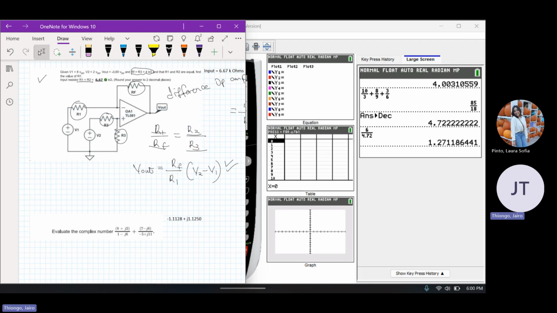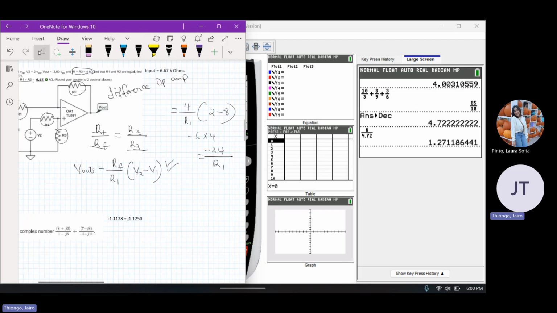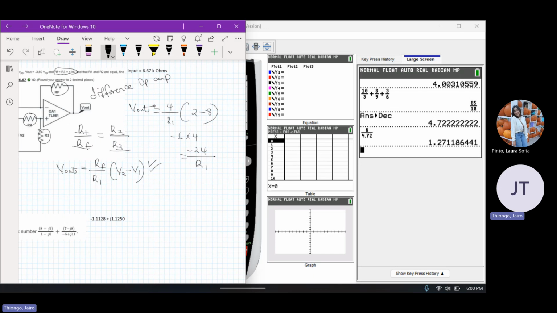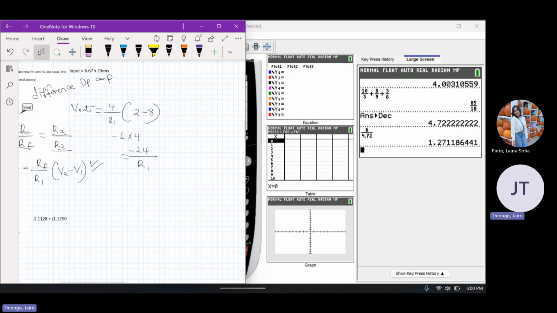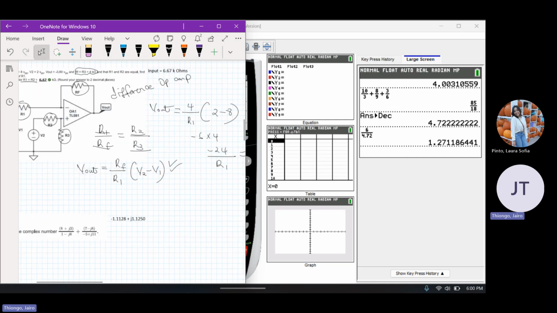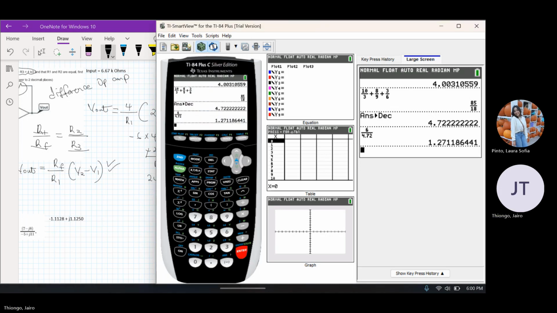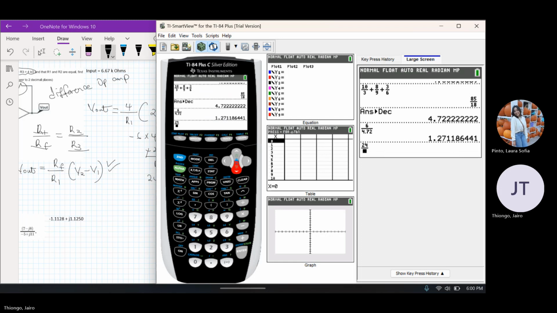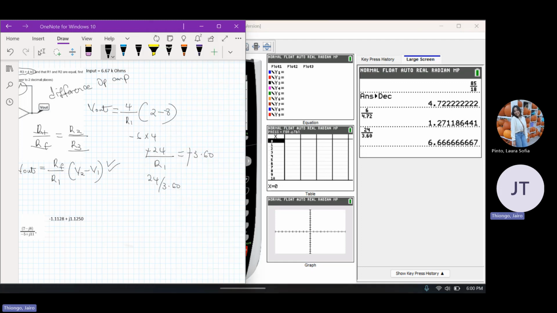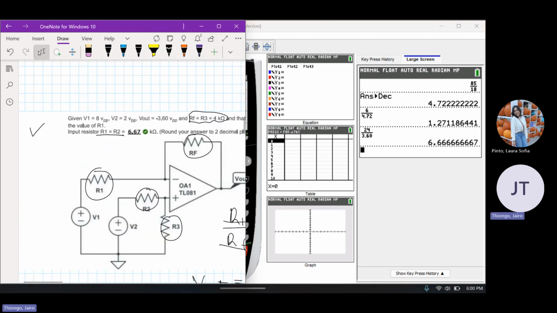And we have been given V out, so minus 24 over R1 will be equal to V out, V out being minus 3.60. We can cancel out the minus signs because it's given. So it'll be 24 over 3.60, which is 6.67. As you can see, that is our answer. Any questions so far?